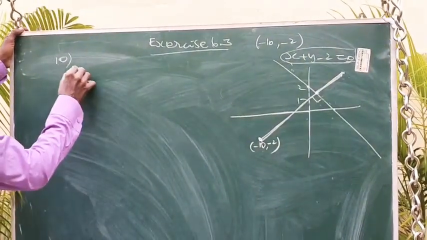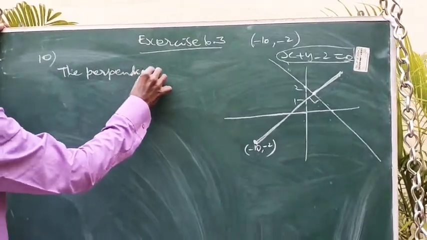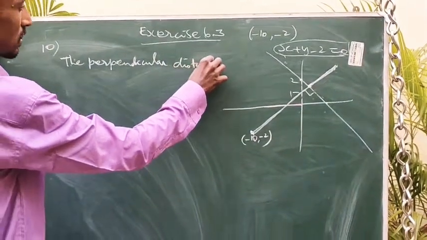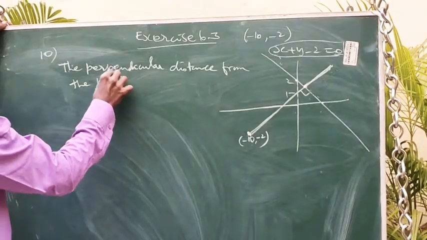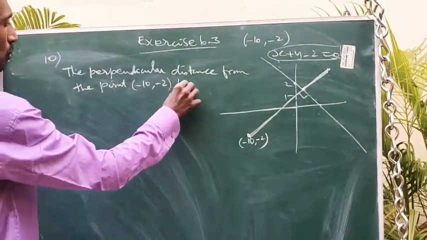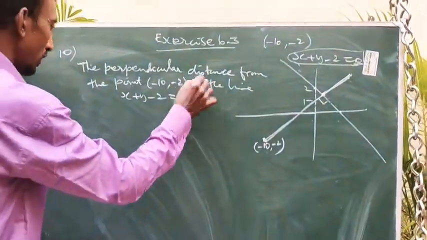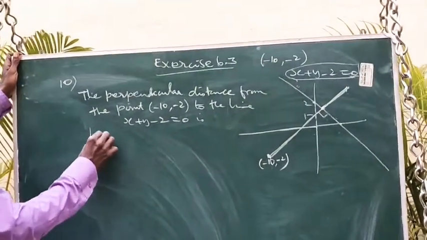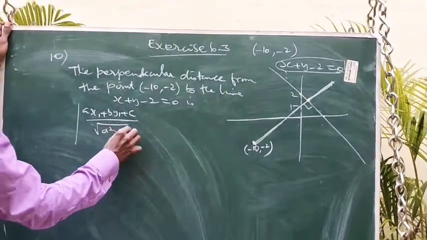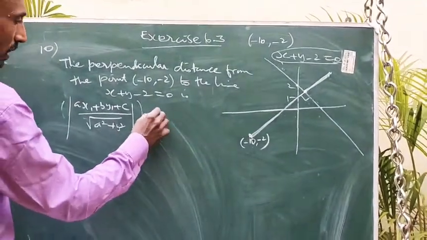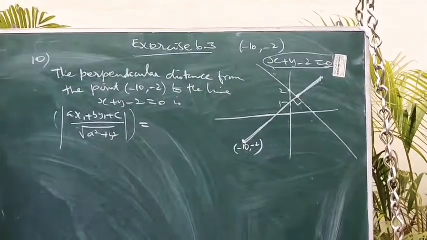So the perpendicular distance from the point minus 10 comma minus 2 to the line x plus y minus 2 equal to 0 is, we know the formula, modulus of ax1 plus by1 plus c by root of a square plus b square. Remember this, so use that.